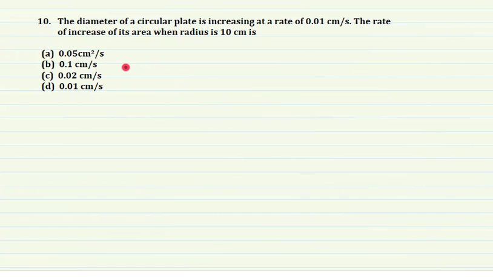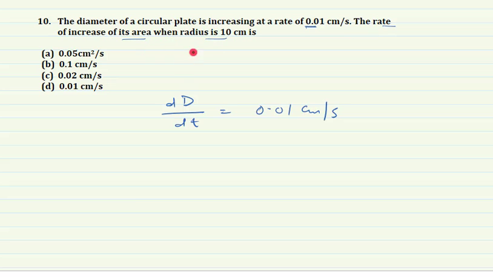So now let us come to the last problem. The diameter of the circular plate is increasing at a rate of 0.01 centimeter per second. Means if diameter is D, then dD upon dt is given to you as 0.01 centimeter per second. We need the rate of increase of its area when the radius is 10 centimeter.